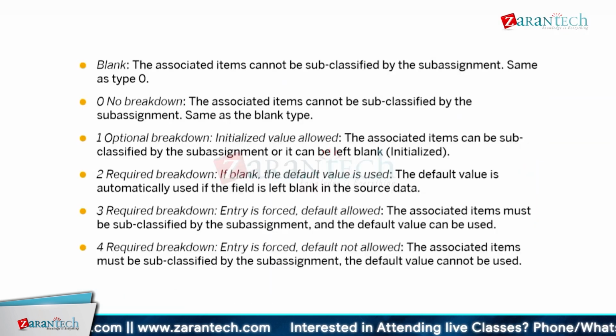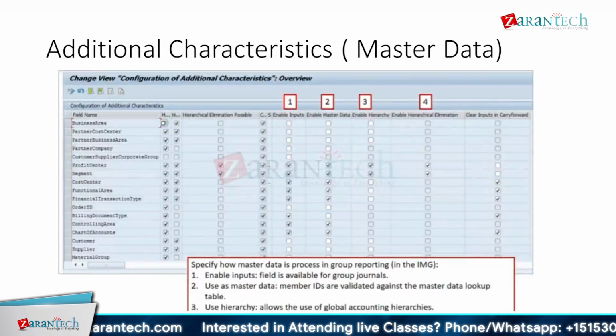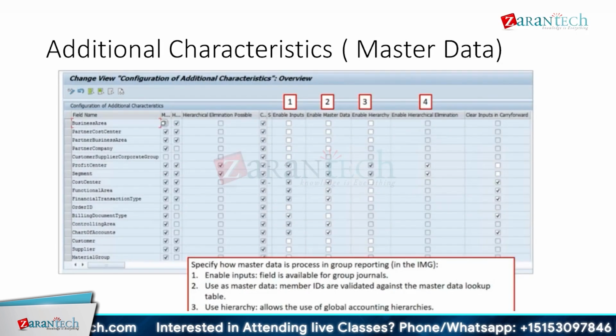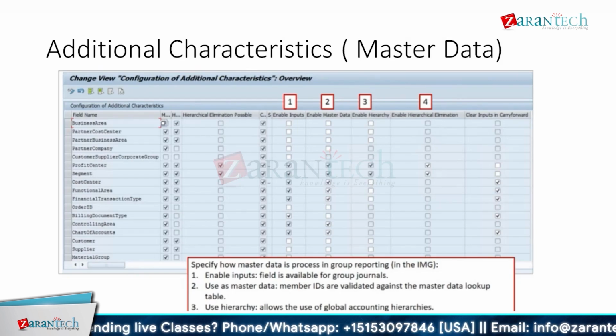Fine? Okay. So the next part is setting up the consolidation unit and consolidation group. I'll take that up in the next session. Before that, there is one more topic I wanted to cover: a concept called additional characteristics master data. When we do a group report, master data should always be consistent.